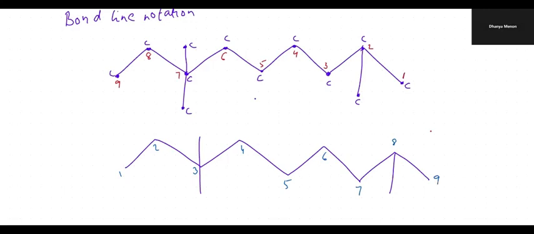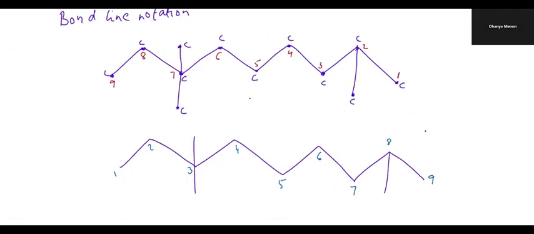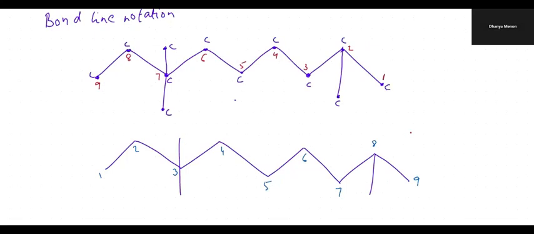Okay. So here, if you add up the positions in the first one, what do you get? At the second position, there is one methyl group. So this branching means it is the substituent group. And at the seventh position, you can see 2 are there. 2 plus 7 plus 7. So it is giving you 16.